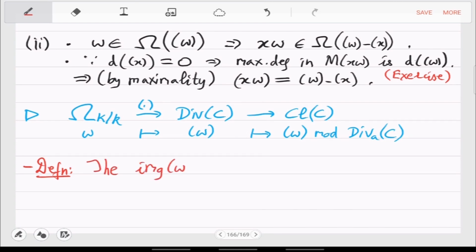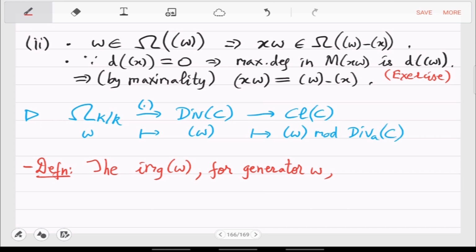For big omega, we have shown it is a dimension 1 vector space over the function field. So for the generator, the image is unique. Although you can pick many generators, they will all just be multiplying by functions. That will not affect the image.